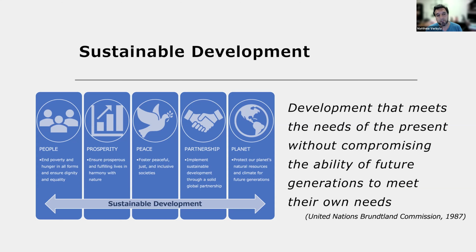Peace refers to fostering peaceful, just, and inclusive societies. And the partnership aspect means working together through solid global partnership to implement sustainable development. And the planet aspect refers to protecting our planet's natural resources and climate for future generations.